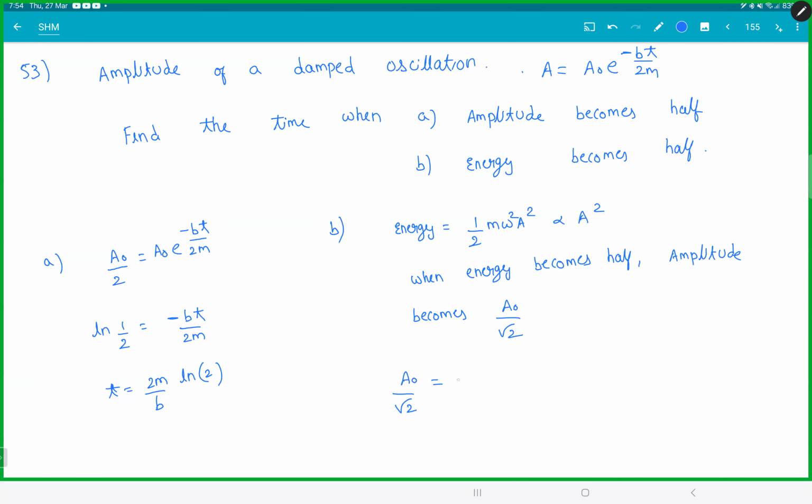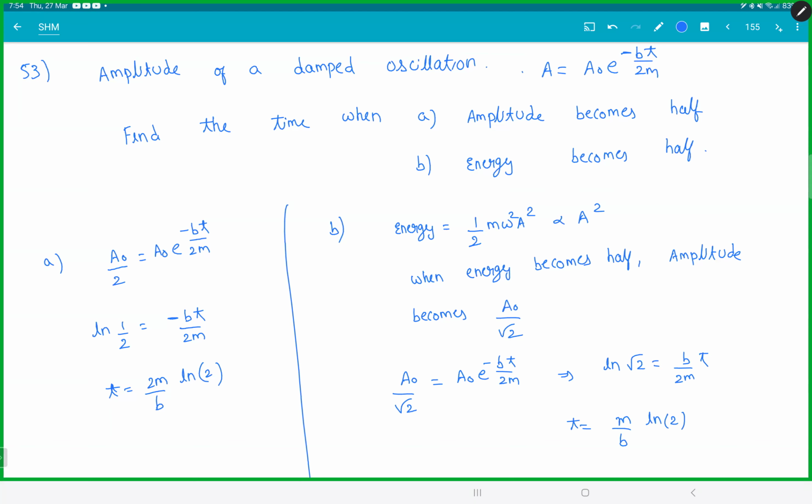So A0 by root 2 is equal to A0 e^(-bt/2m). Same story. Put ln on both sides. That will be m by b ln 2. Clear? That's it. These are the numericals you have in damped oscillations.